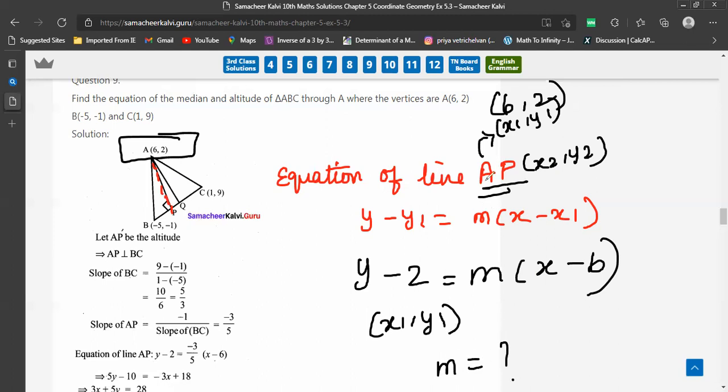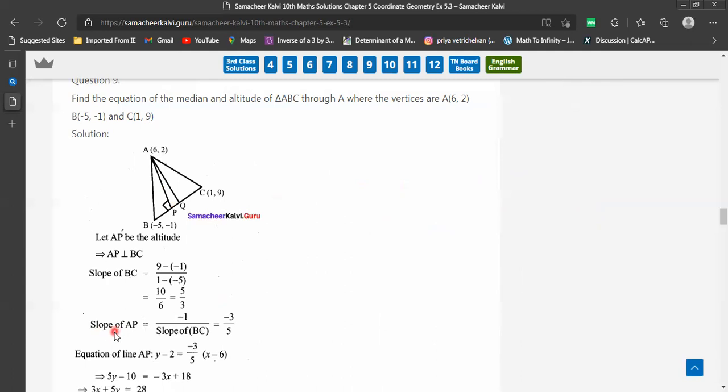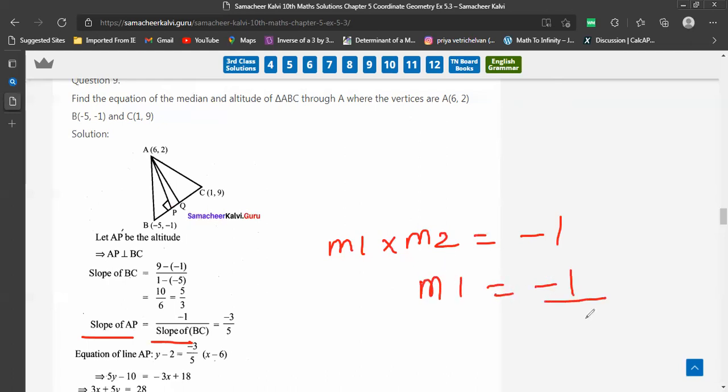How can you find the value of m? Slope of AP. Here, the AP and BC are perpendicular to each other. So we can say slope of AP is equal to -1 upon slope of BC. We know this already. When two lines are perpendicular to each other, the product of their slopes is equal to -1. Isn't it? So you can say m1 is equal to minus 1 upon m2.